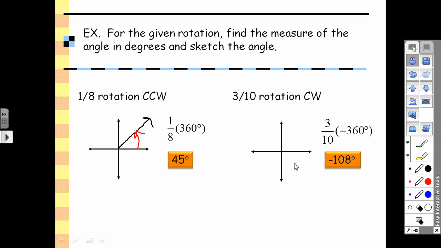If I'm moving around in the negative degrees, this is a negative 90. This would be a negative 180. So negative 108 is going to be somewhere in this quadrant down here. So I'm going to go ahead and draw my ray. And notice that you don't have to, oh, that was terrible. Try again.